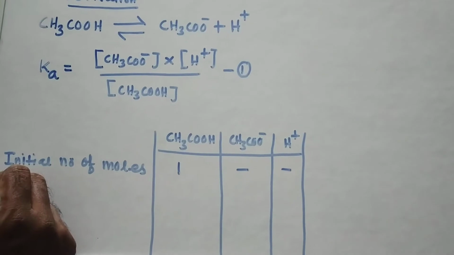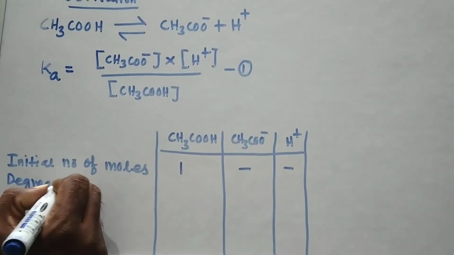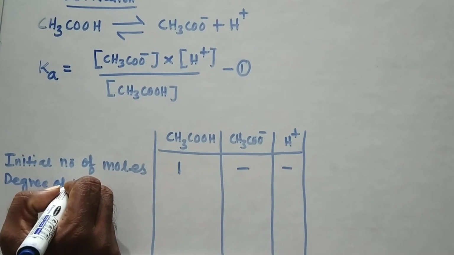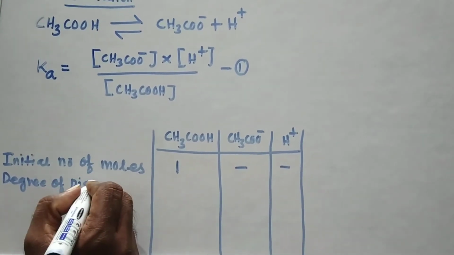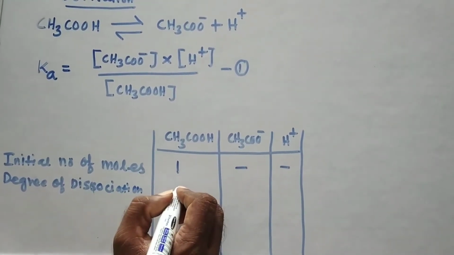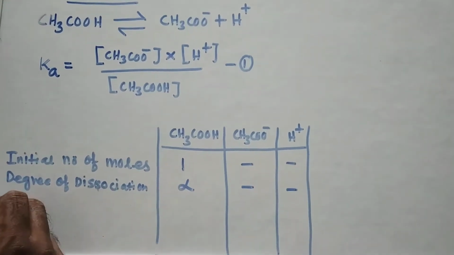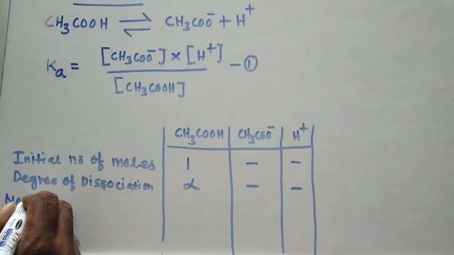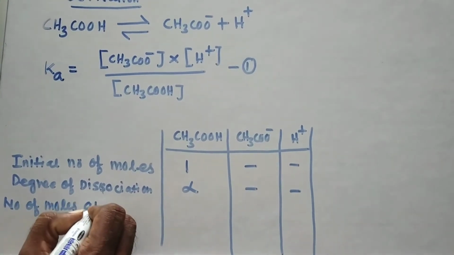Then degree of dissociation, that is equal to alpha. Here dash dash. Then number of moles at equilibrium.